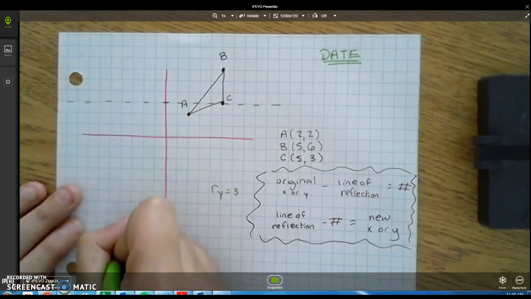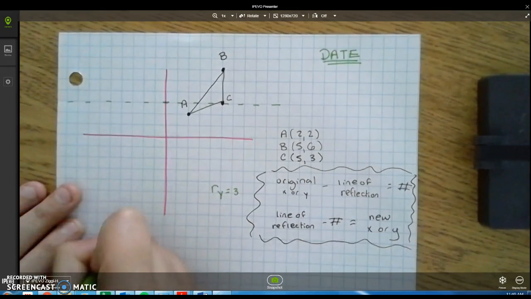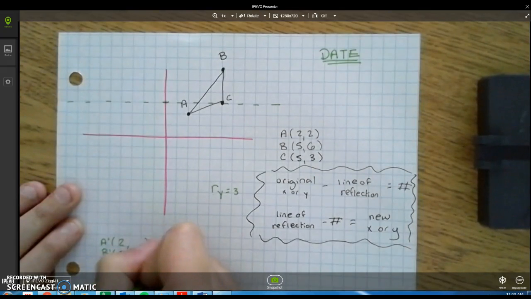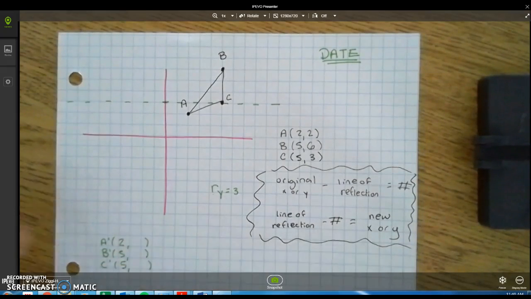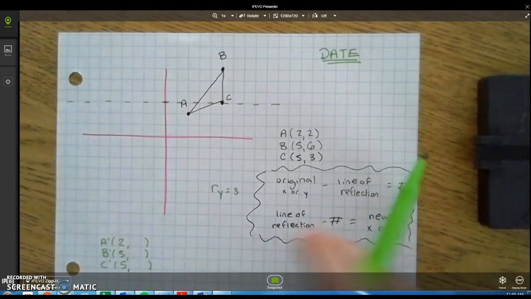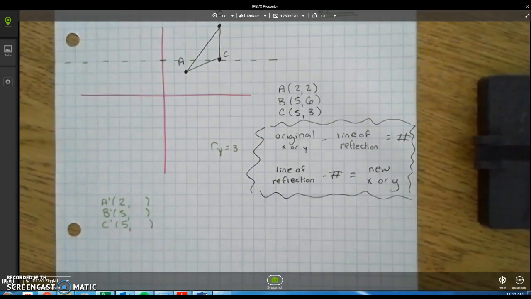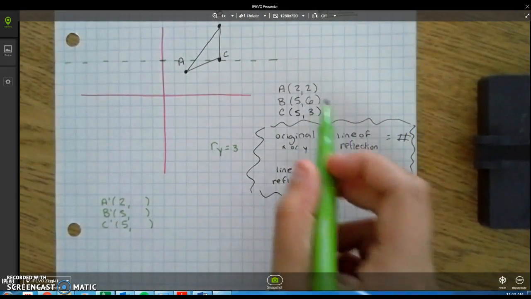A prime is going to be 2, something. B prime is going to be 5, something. And C prime is going to be 5, something. And we can go ahead and start using this idea right here. So I need my y.